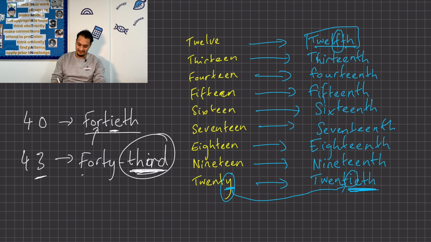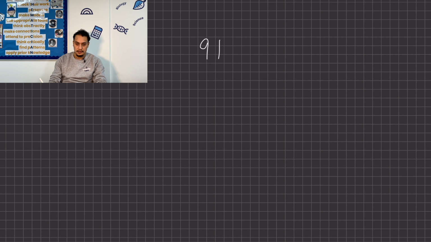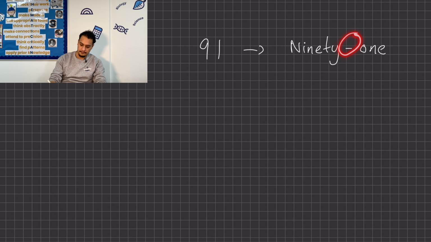Let's do a few more just to practice this. So if I've got this number here, the cardinal form of that number is 91. Okay, again, notice the hyphen. If I want to write 91st, then notice how I've abbreviated it.